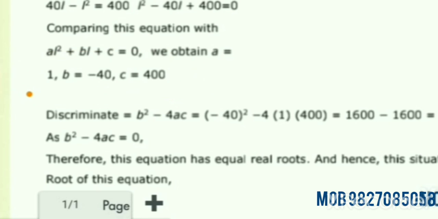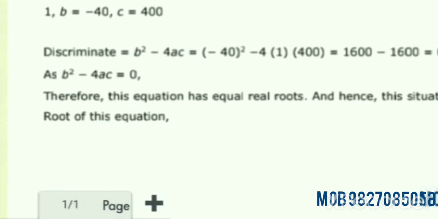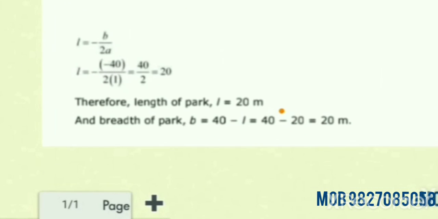Okay. Now find the discriminant, meaning B square minus 4AC. So that is 0. So we can say easily they have equal roots and hence the situation is possible. We find the roots of this equation.